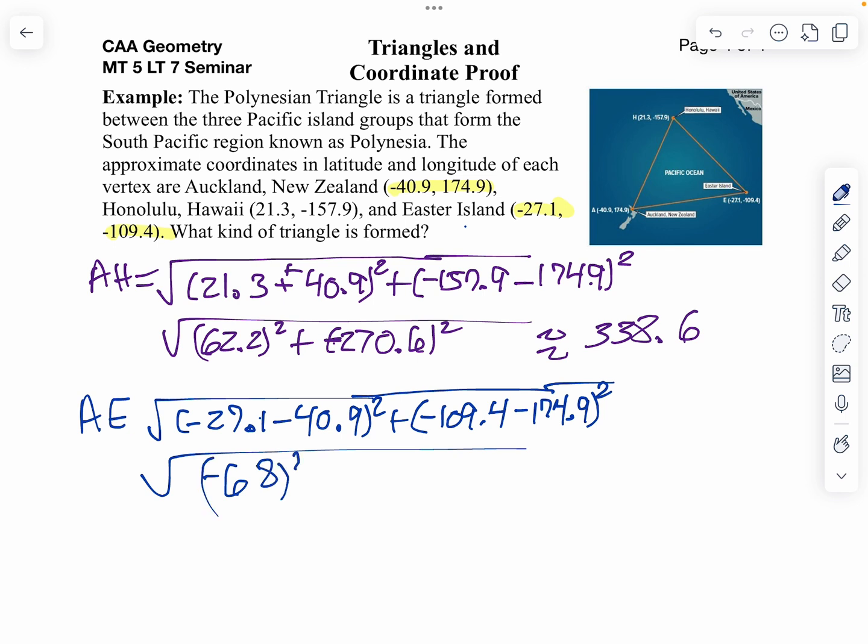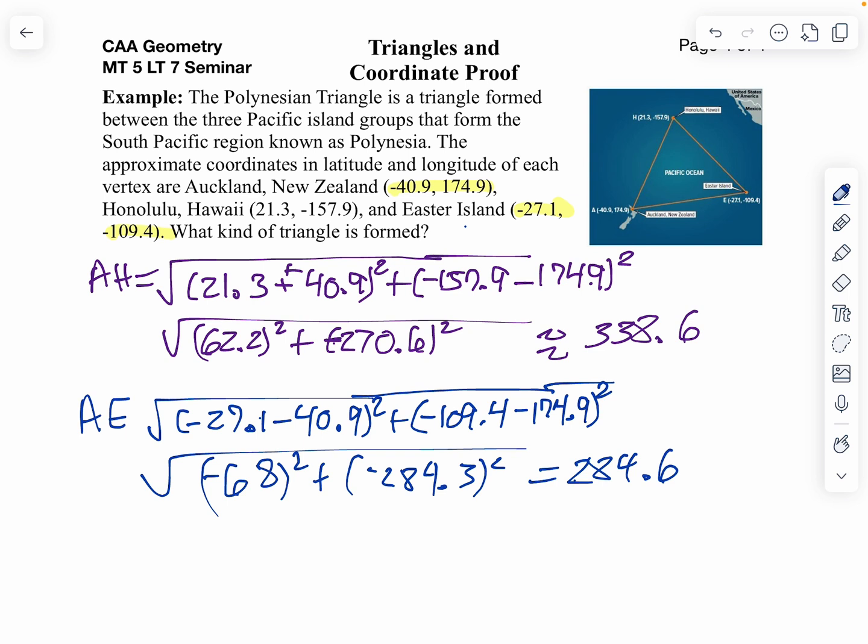Okay, squared, plus, if I take negative 109.4 and I minus 174.9, I'll get negative 284.3, and I'll square that. So I'll square each of those numbers, add them together, and take the square root. I get 284.6. And notice it's not isosceles, is it? Well, can't say that for sure. It's not equilateral. I know that for sure.